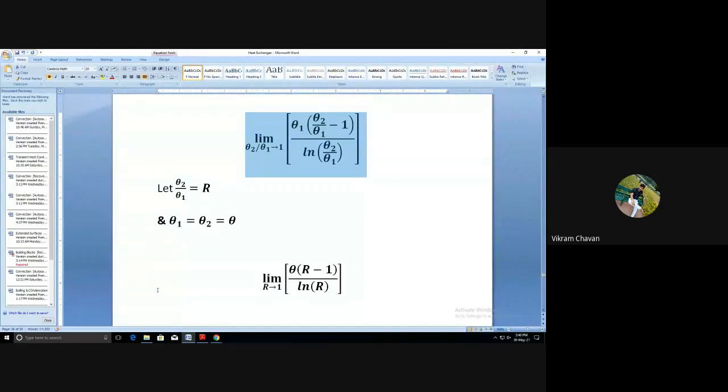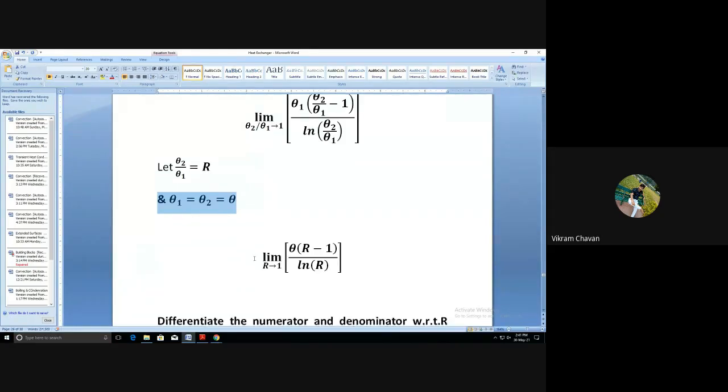Now here we consider theta 2 divided by theta 1 as r, and theta 1 equal to theta 2 equal to theta. Then the equation will become limit r tends to 1 of theta times r minus 1 divided by ln of r.